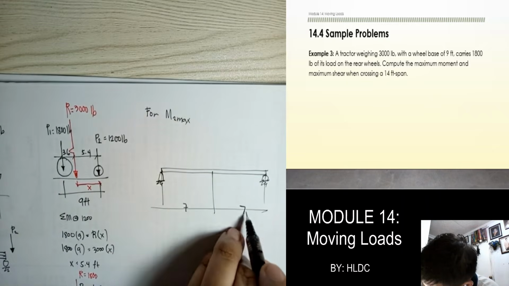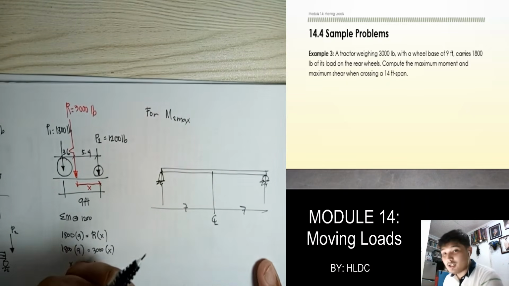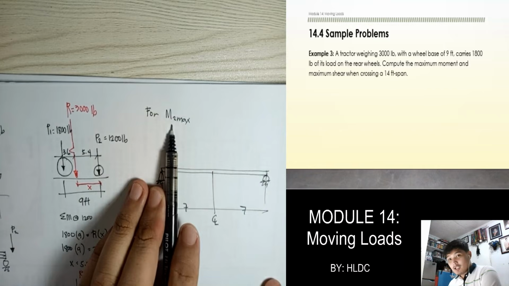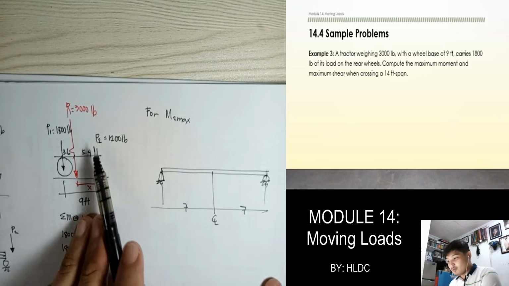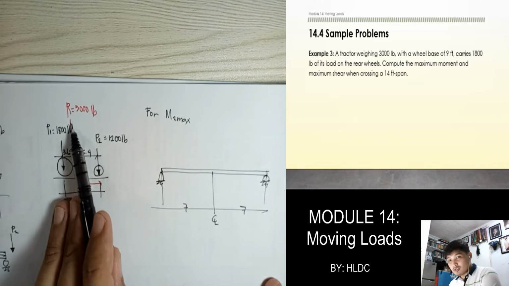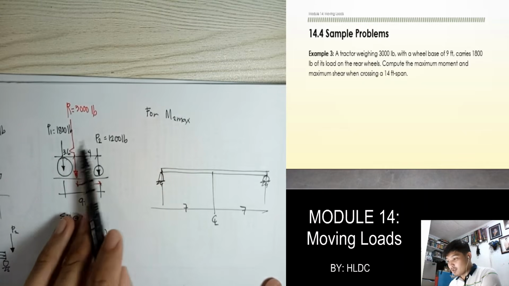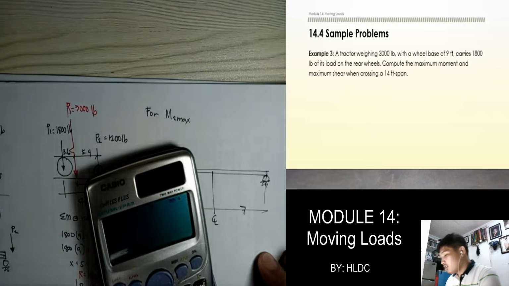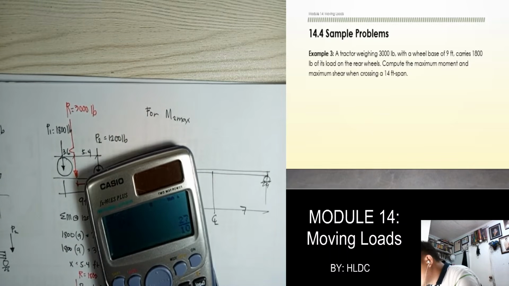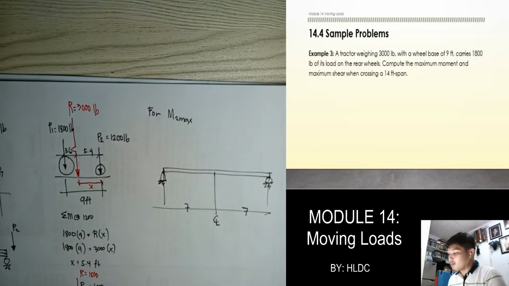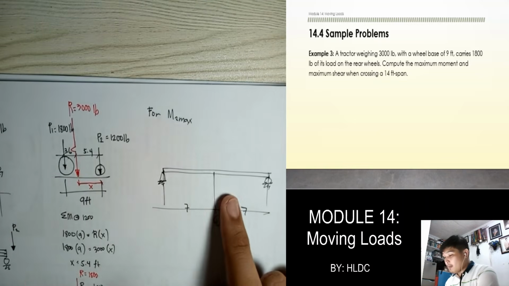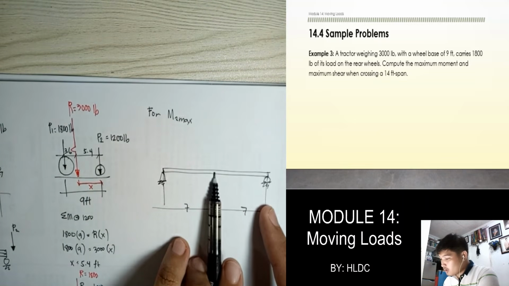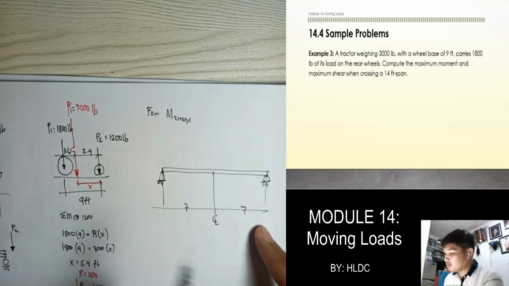So 7, 7, center line. Dahil M2 na tayo, we are now considering yung load P2 saka yung resultant load. Okay, balik tayo dito. Ang distance between them is 5.4. So that is divided by 2. Ilan yun? 2.7. So therefore, 2.7 dapat yung distance to the right and to the left ng R sa P2.